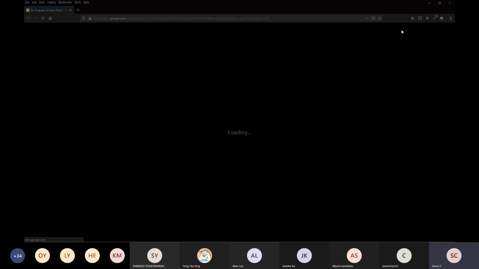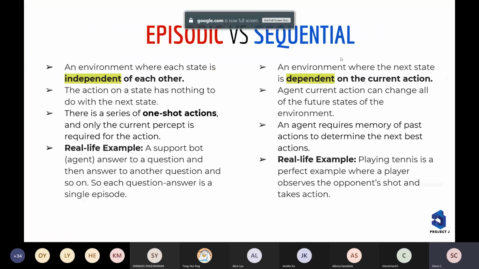Now, a sequential environment is where the next state is dependent on the current action. The agent's current action can change all of the future states of the environment. And the agent requires memory of the past actions to determine the next best action. So a real-life example here would be playing tennis or badminton, where a player observes the opponent's shot and takes action.